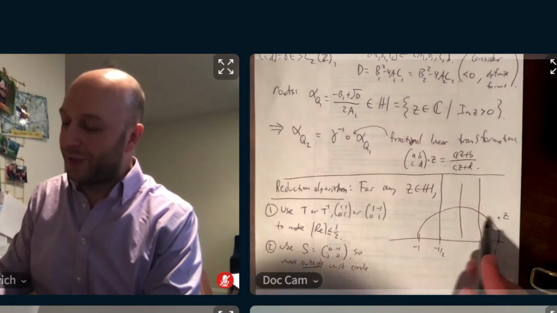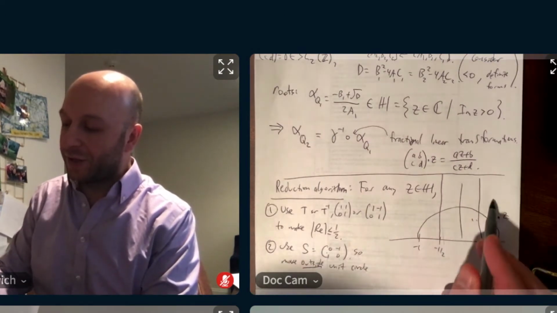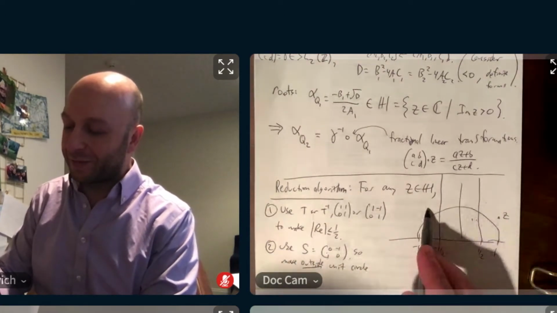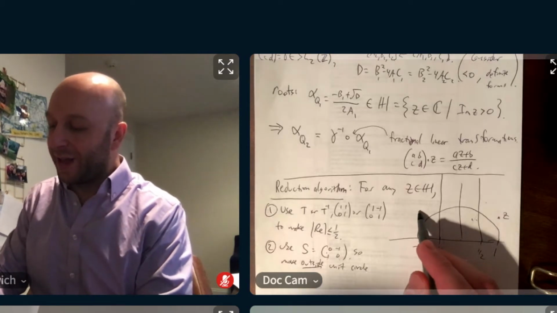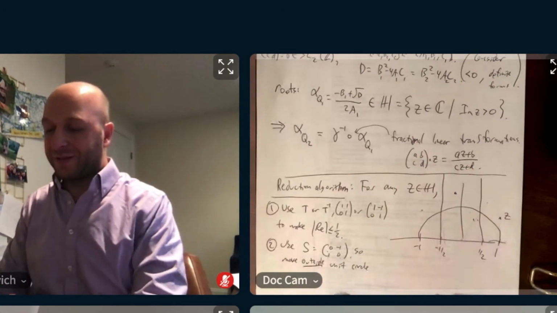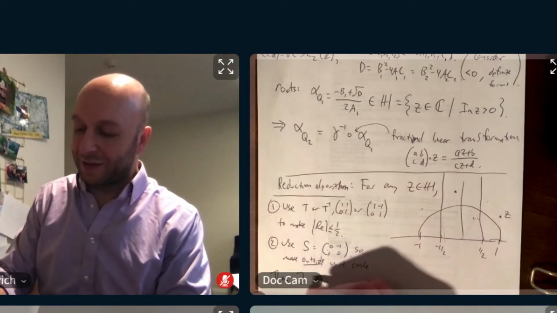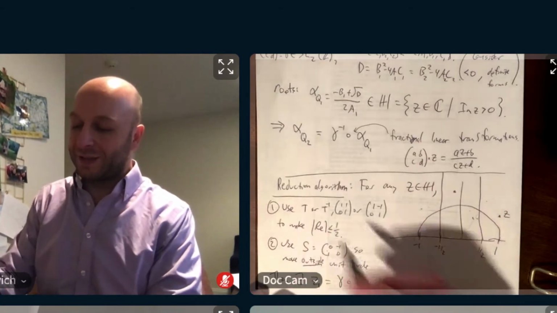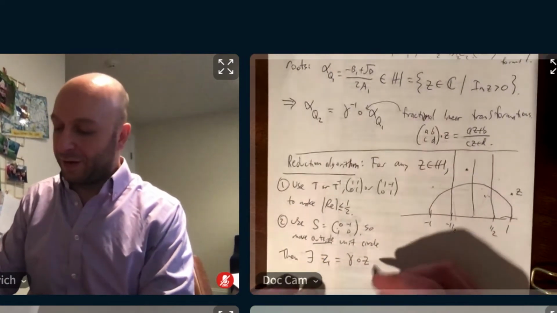So you move z until it gets inside the minus a half, then you use this reflection, which is really a reflection and a flip over the y-axis, and then you move inside half, and then you do this, and eventually you find that there exists a z1, which is some transformation, a word in S's and T's, which is in this region.